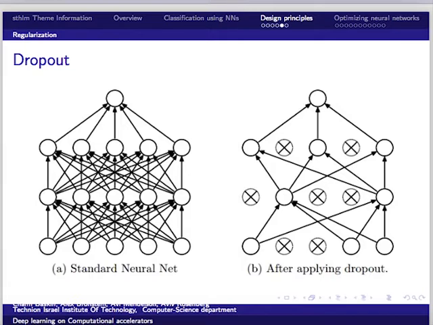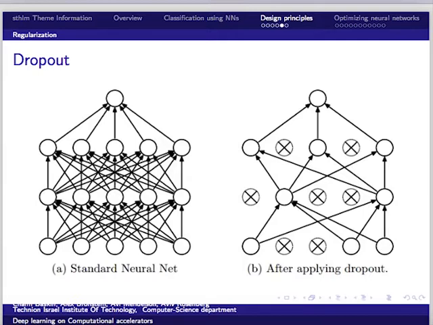For each sample you are taking 40% of the weights, but this 40% changes. So in the end you are taking all your weights, but some of the weights do not contribute in a specific epoch. Not contributing means putting zeros there.